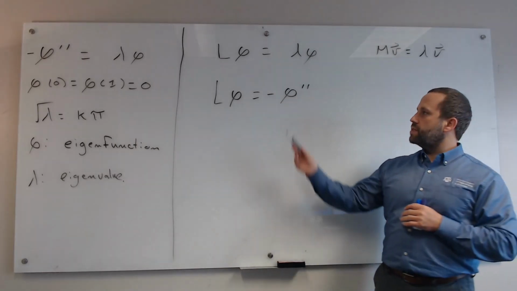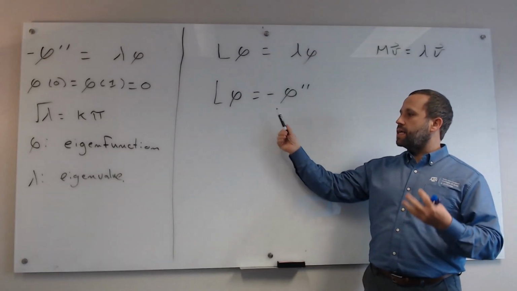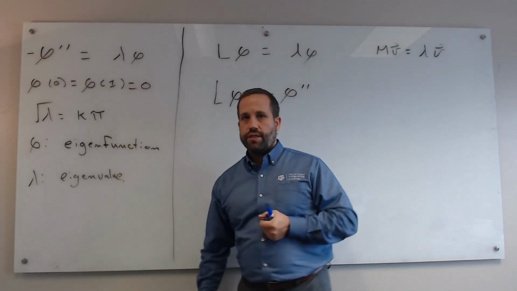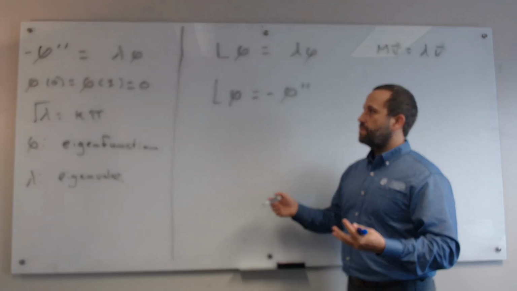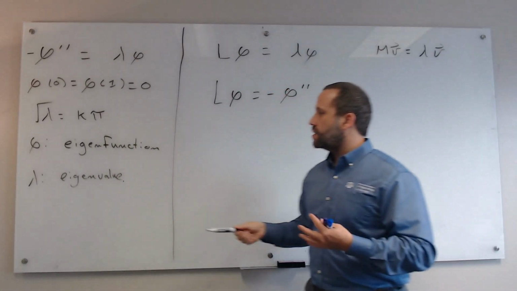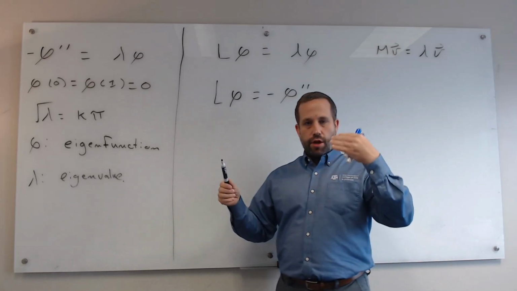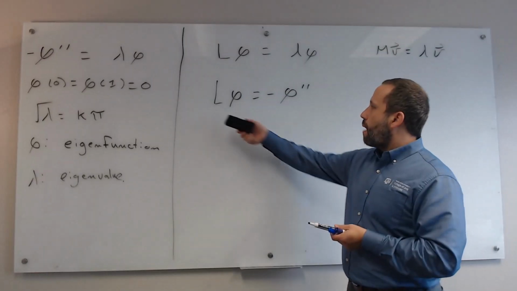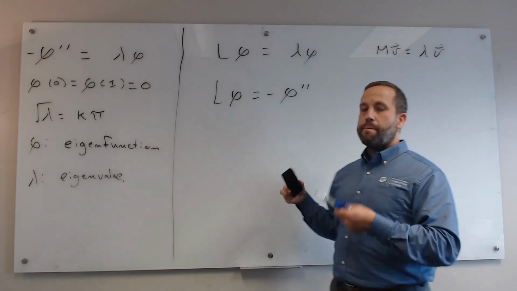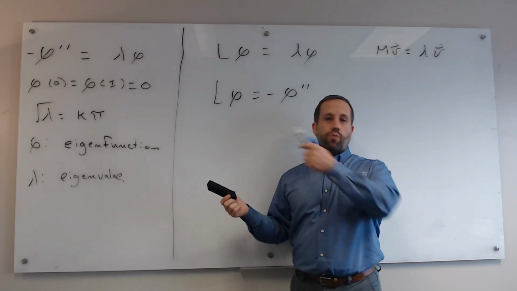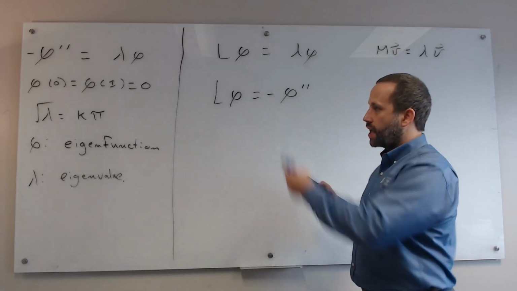The reason we want the minus here is that we know lambda is positive, and if lambda is positive, then we write the solutions as cosine of square root of lambda, that sort of thing. A more fundamental reason is that the minus second derivative is a positive operator, which means a lot of things, but one of them, which I'm about to show you, is that the eigenvalues are going to be positive.